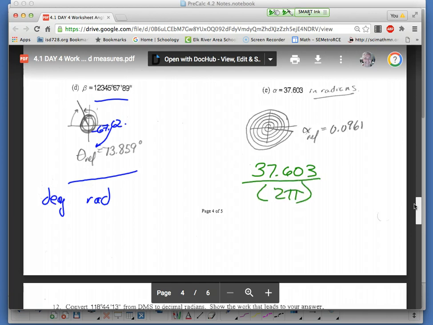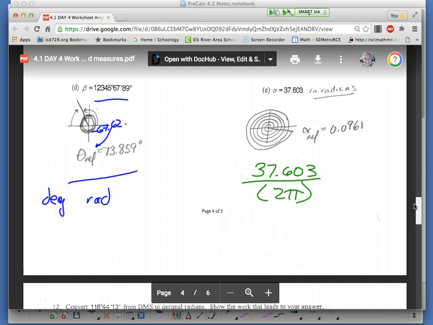Please notice I put in the parentheses, because your calculator, unless you are one of the ones with the horizontal fraction bar, will read that entry automatically as 37.603 divided by 2, times pi. You've got to know what your calculator is going to do with its evaluation.